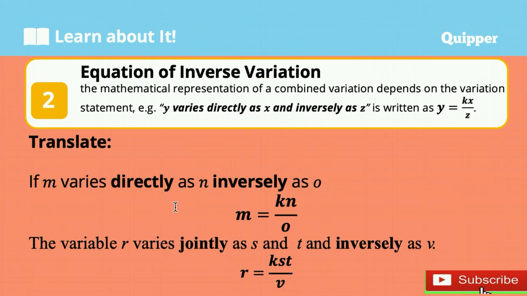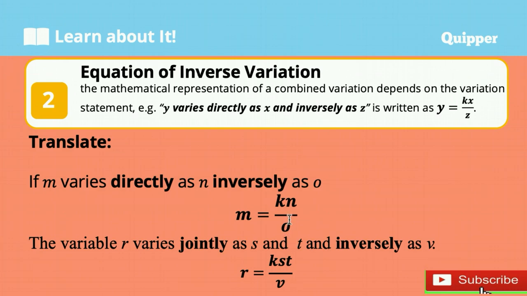Okay, let's try to translate some statements into mathematical equations. Number one, if m varies directly as n and inversely as o, the mathematical translation for that is m is equal to k times n divided by o.